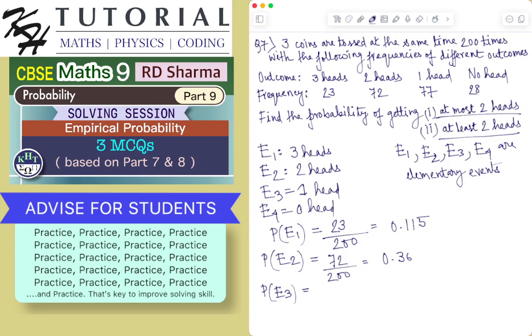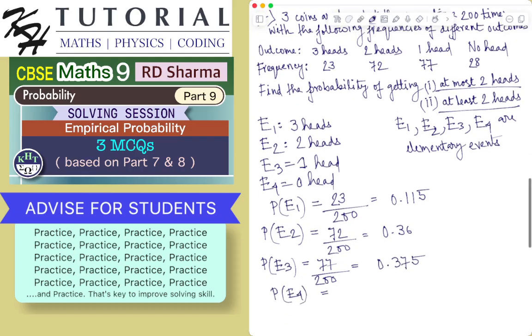It will be 77 divided by 200, which will be 0.375. And what is the probability of E4? Probability of E4 will be 28 divided by 200, which is 0.14.